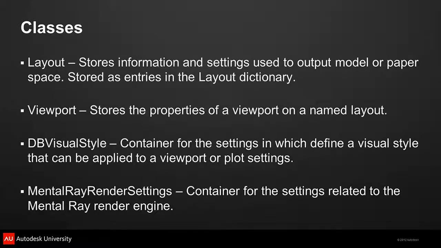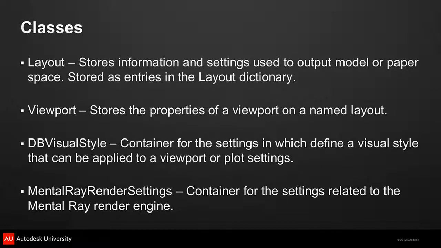And then the objects themselves, things like layout. It represents the tab or the paper space representation of a layout. Viewport, that's part of a layout, so you can see your model that's in model space. DB visual style is a visual style object. So the 2D wireframe, the 3D hidden and so on, those are all visual styles that you could create yourself and apply if you have custom settings or preferences.